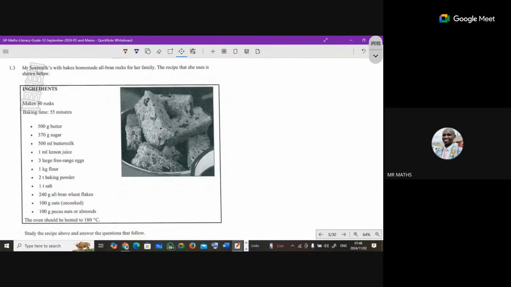So 1.3 now. 1.3 says Mr. Sotmelk's wife bakes homemade all bran bread rusks for her family. The recipe that she uses is shown below. The ingredients: makes 30 rusks.